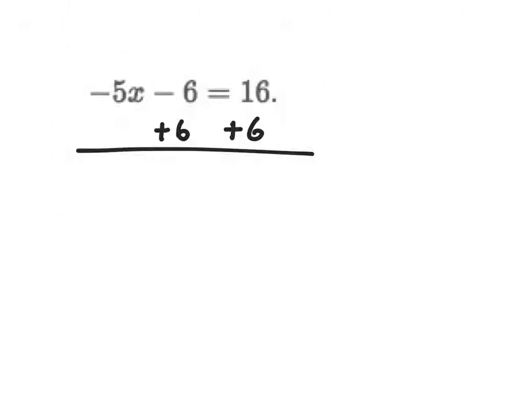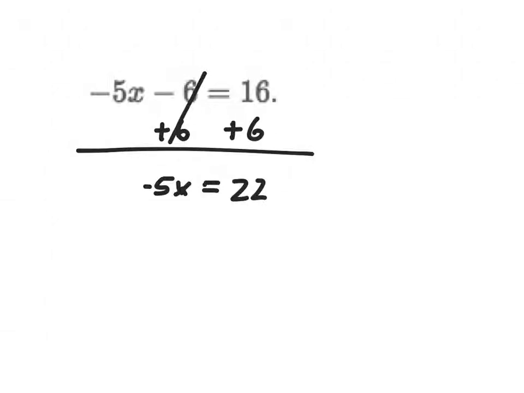All right, and so then if I have -6 plus 6, those are going to add to 0 and cancel out. Therefore, on the left side we've got -5x, and that's equal to 16 plus 6, which is going to give us 22. Okay, now here's the weird part.